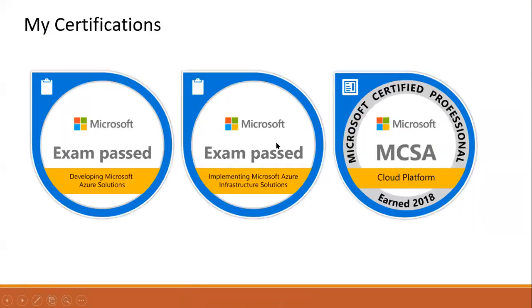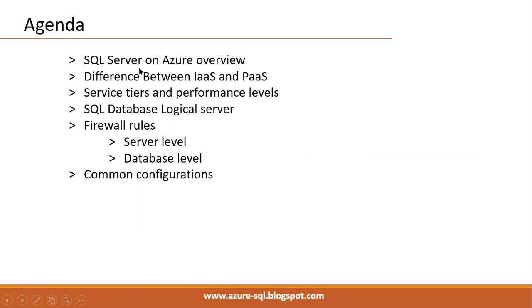We'll see SQL Server on Azure overview. Differences between IaaS and PaaS we have already seen. Once again, very briefly, we'll see service tiers and performance levels. Remember, in PaaS we are handling a particular database in a shared server. That's why we have only database level access, not instance level access.